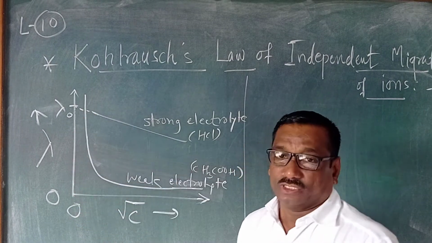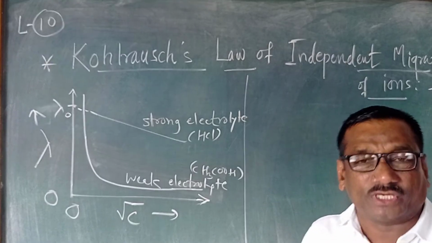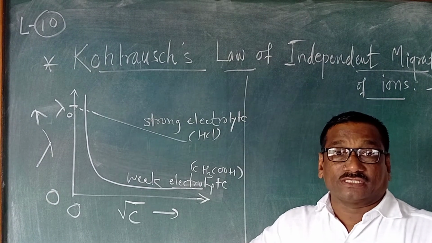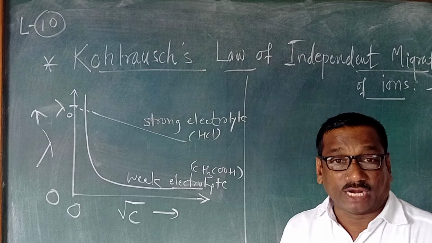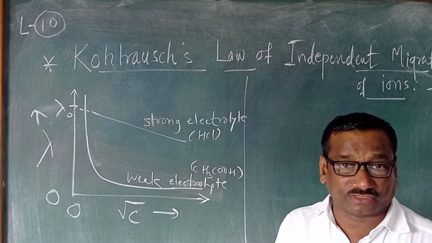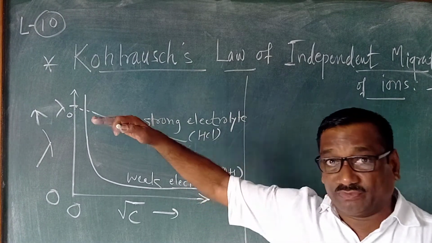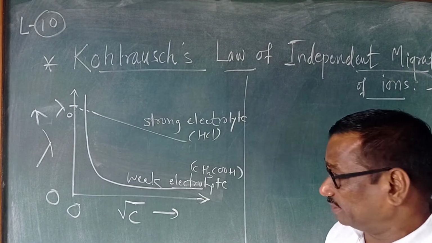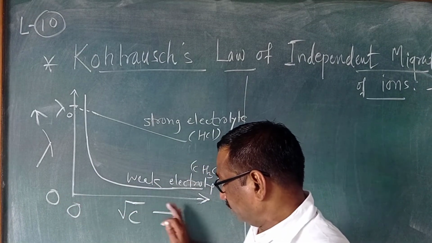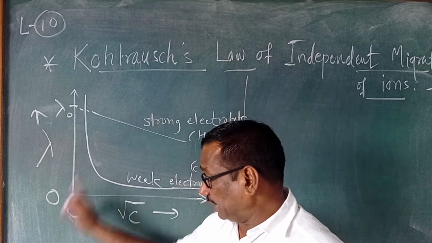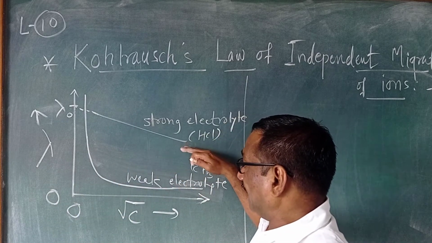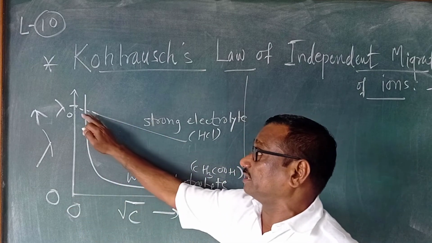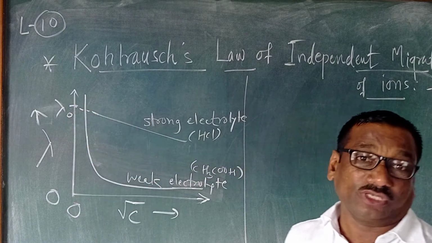Practically, the concentration is not 0, but the equivalent conductance increases by dilution or decreasing concentration, and it reaches a limiting value. Further dilution gives no increase in equivalent conductance. So as the dilution increases, concentration decreases, equivalent conductance increases, and it reaches the limiting value.